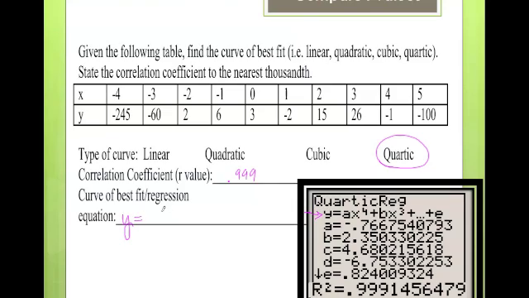So y equals, the a value is negative 0.767 x to the fourth plus 2.350 x to the third plus 4.680 x squared minus 6.753x plus 0.824. And there I have my entire equation.